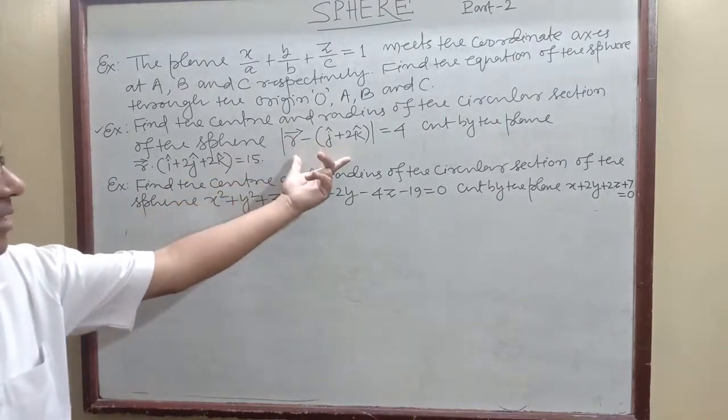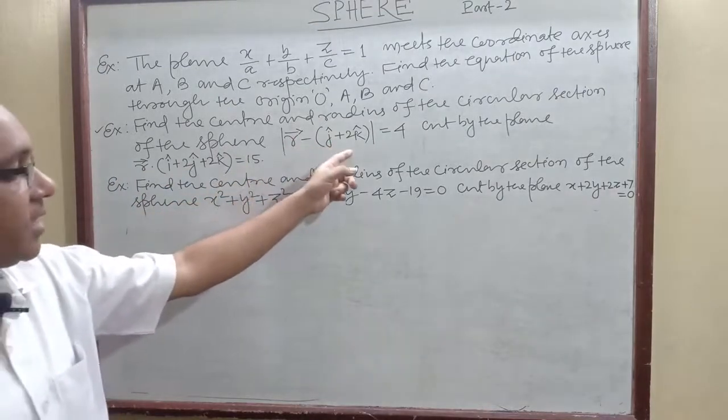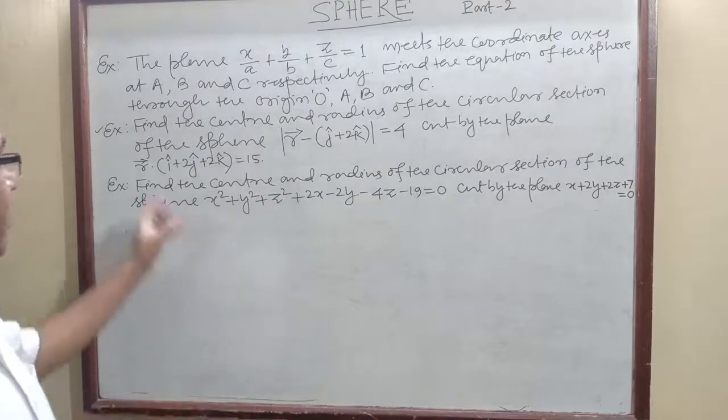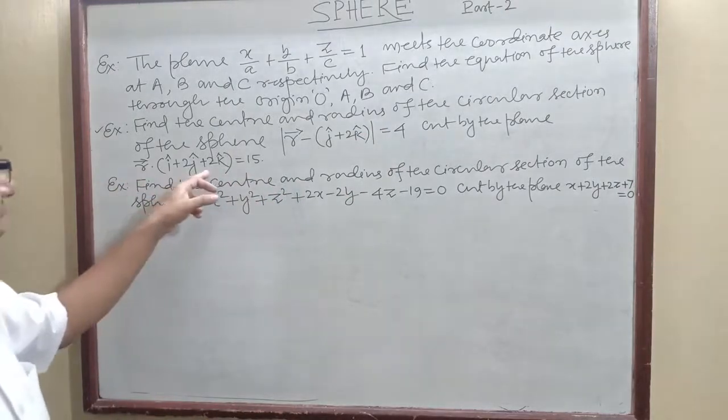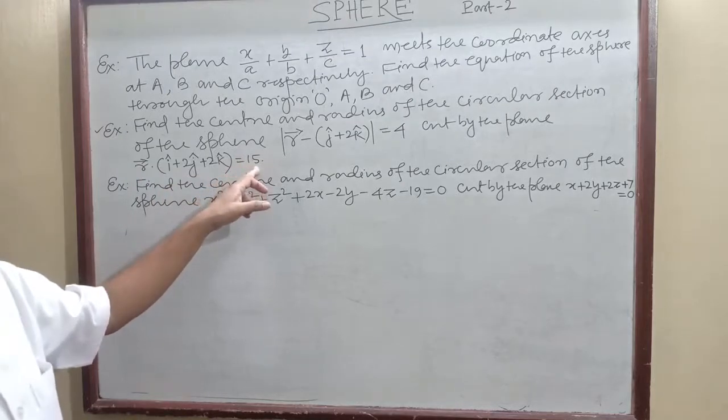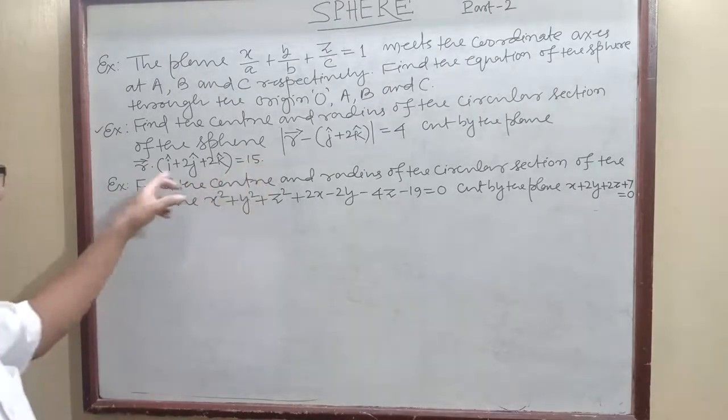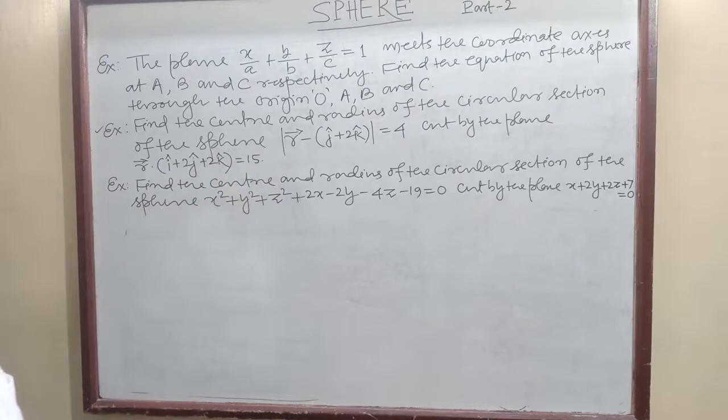This is a sphere. It is of the type modulus of r minus a equal to capital R, cut by this plane. This is the equation of a plane of the type r dot n equal to d. You have read the coordinate geometry plane chapter.